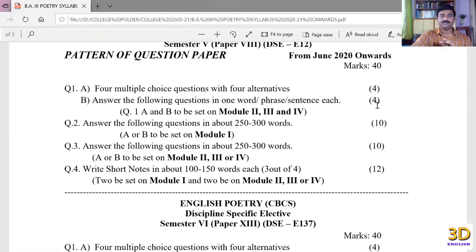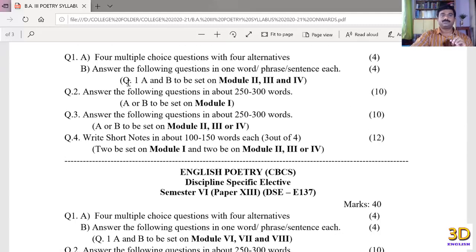Again, it will be for 4 marks. Then question number 2, A and B, to be set on modules 2, 3 and 4. Answer the following questions in about 250 to 300 words. A or B to be set on module 1. Question 2A will have an alternative B, so you have to solve only one question. This will be for 10 marks.